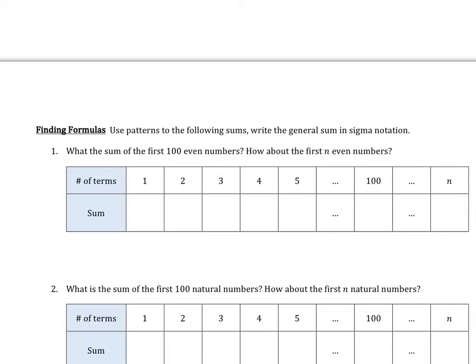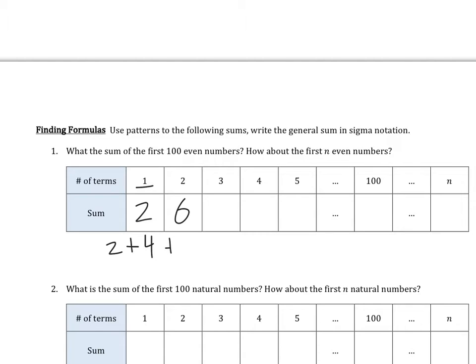If we add up some even numbers, what happens if we add up the first one even number? Well, that's just 2. What if we add up 2 even numbers? This is the amount of terms, or the amount of even numbers. The first 2 even numbers are 2 and 4, and if we add those up, we get 6.